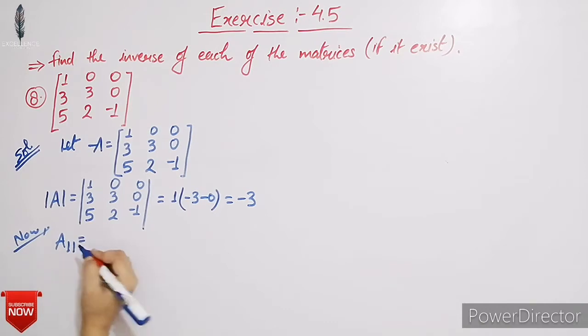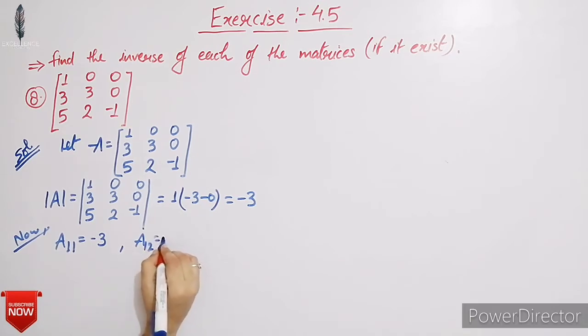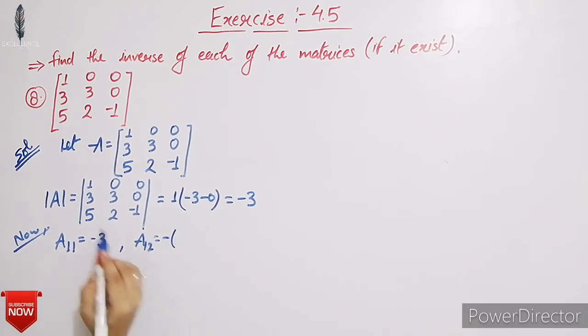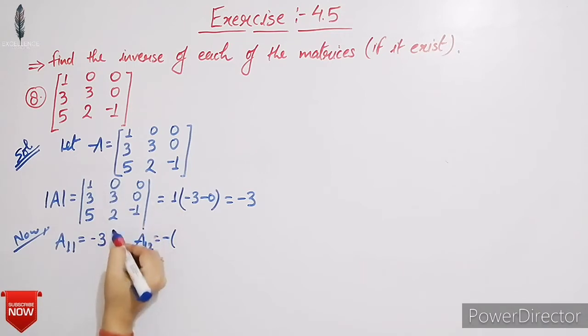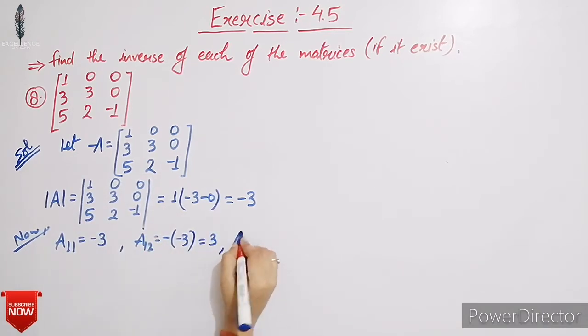So here A11 is equal to positive M11, that is −3. A12 is negative M12. M12 on blocking first row second column is −3, so it is equal to 3.